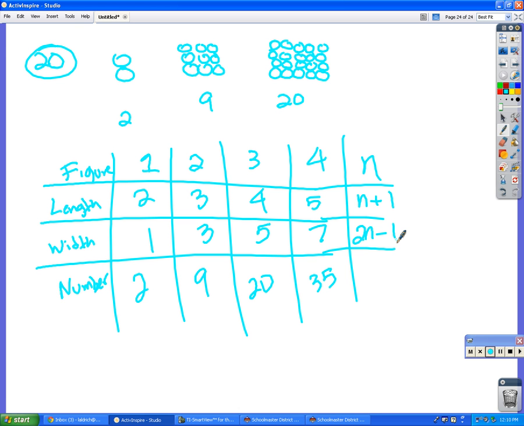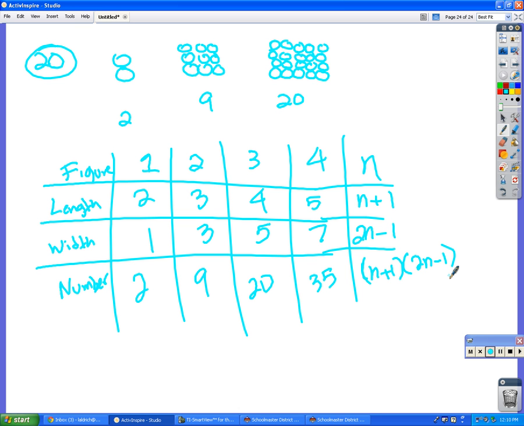So, length times width. If I want the total number of circles in there, what do I do with the length and the width? Multiply them, because you said the area of a rectangle is the length times the width. So my formula for the total number is going to be the length, which is n plus 1, times the width, which is 2n minus 1. Okay?